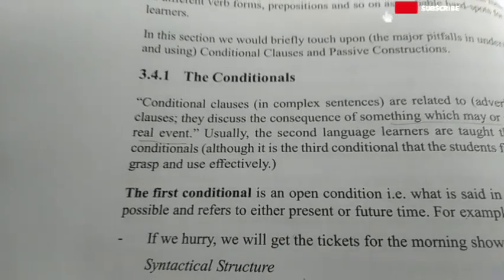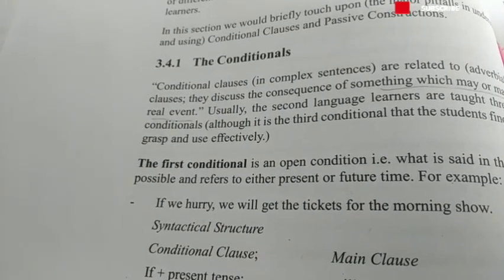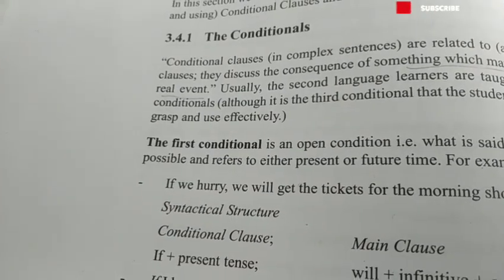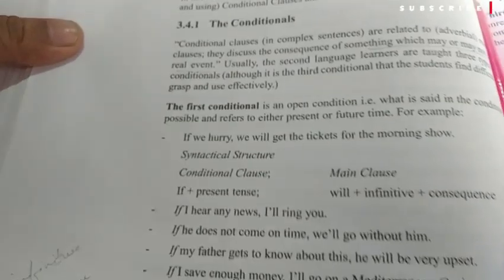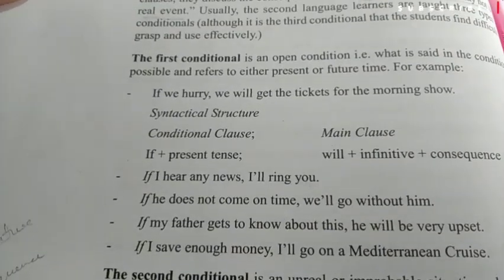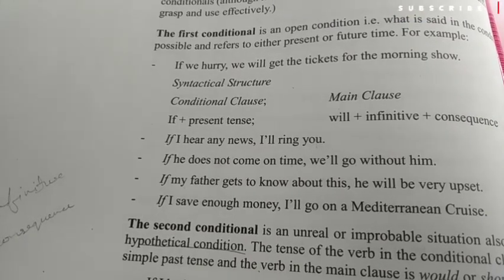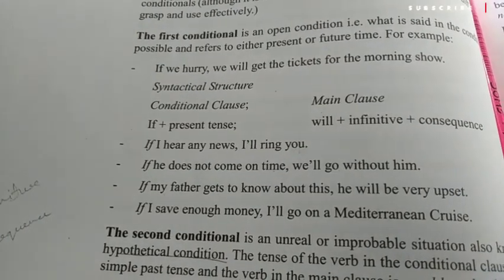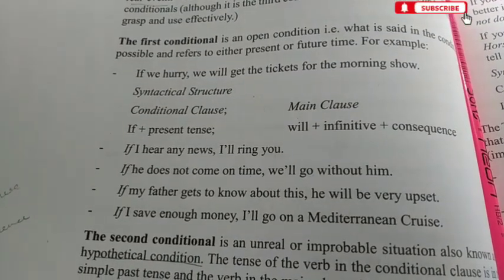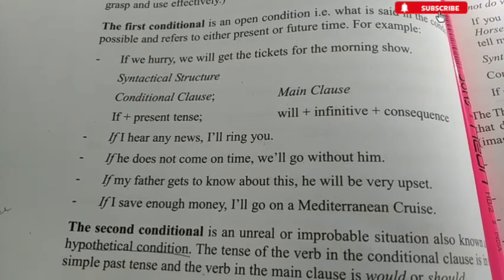So see the conditional. First I explain the conditional and give the structure of how we write our sentence. Here first we see the first conditional. In the first conditional we begin our sentence with if plus present tense, and the main clause is will plus infinitive plus consequence.